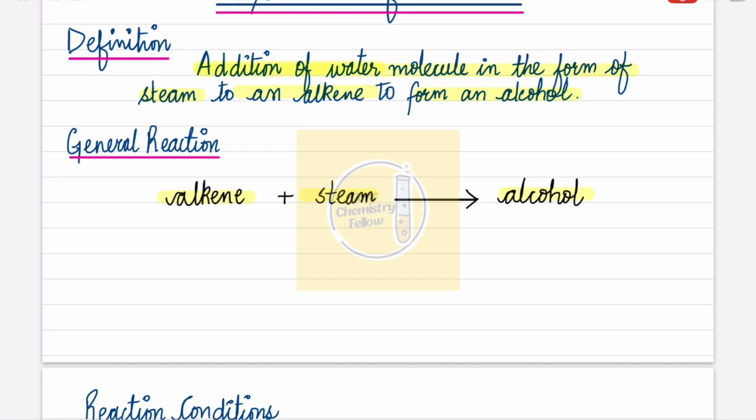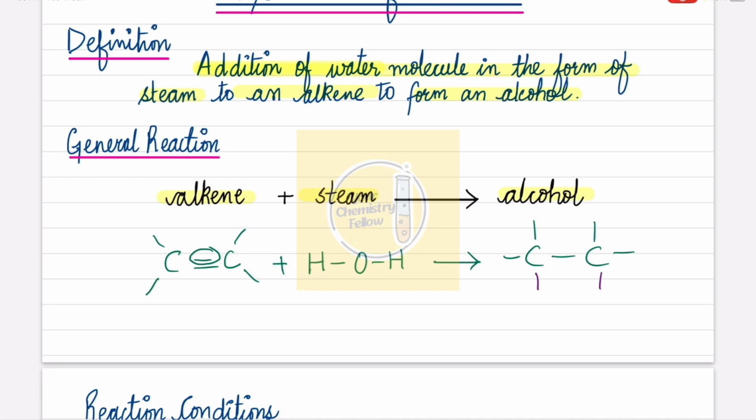How does this happen? Alkene consists of a carbon to carbon double covalent bond. When steam is added, the double bond opens up and as a result two new single covalent bonds will be formed.